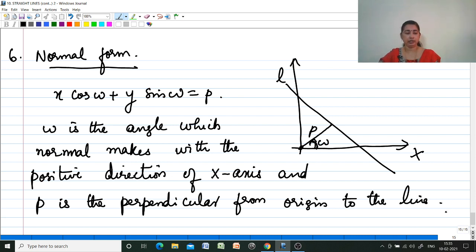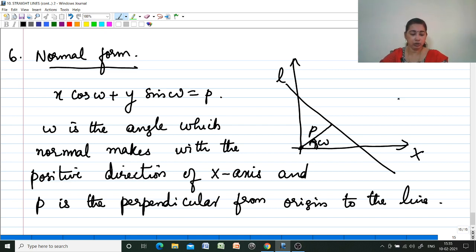So these are the equations. Different types of equations we learned now: the equation of a horizontal line, vertical line, then point slope form, 2-point form, then slope intercept form, intercept form, and normal form.